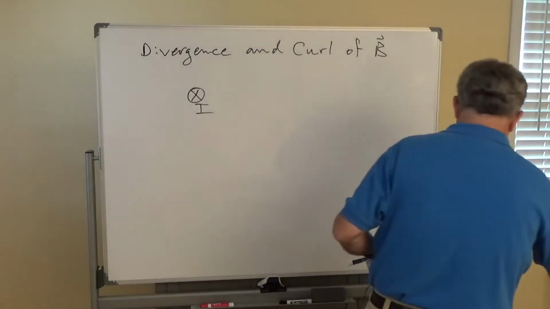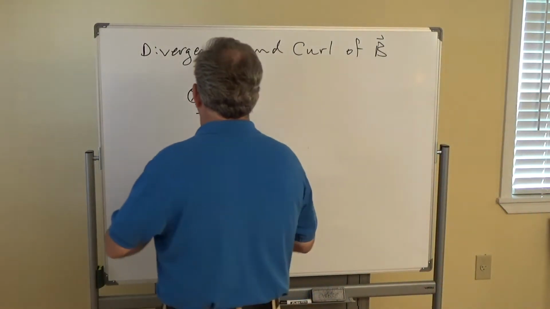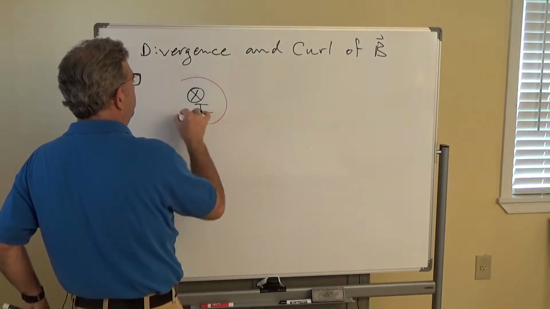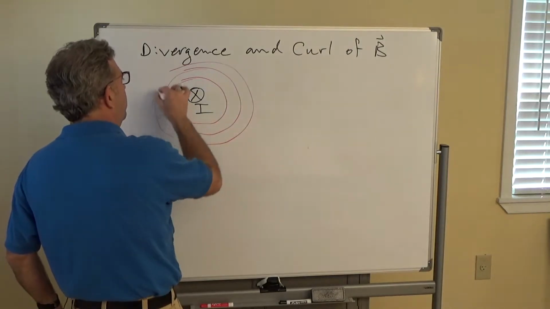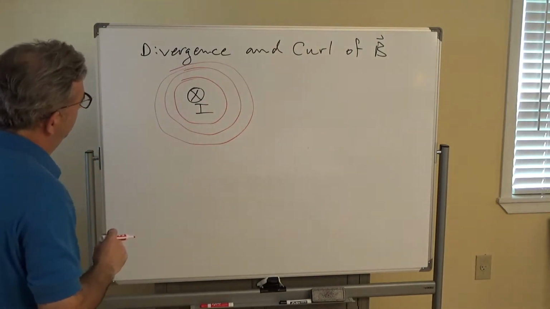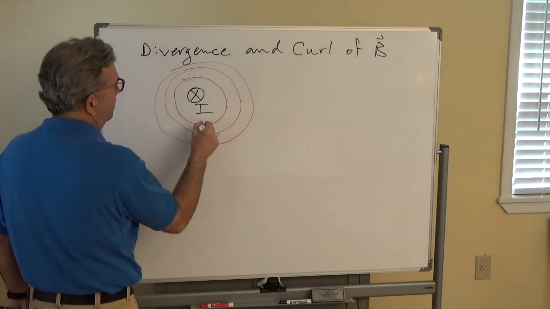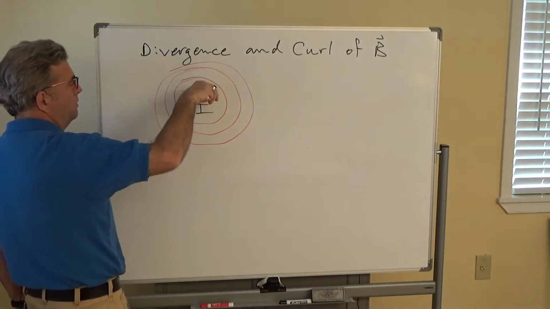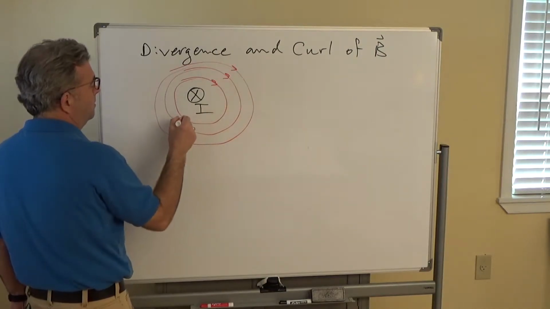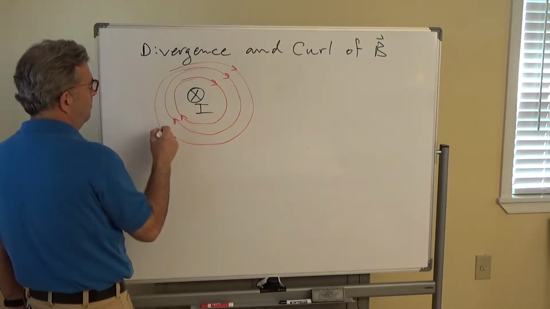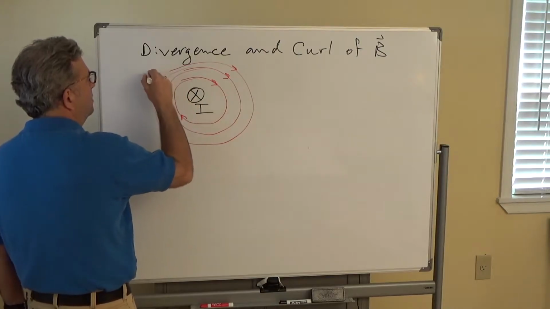So you get these loops of magnetic field. If it's a long straight wire, these loops are concentric and they would go this way. So the field is like this. Okay, so that's B.